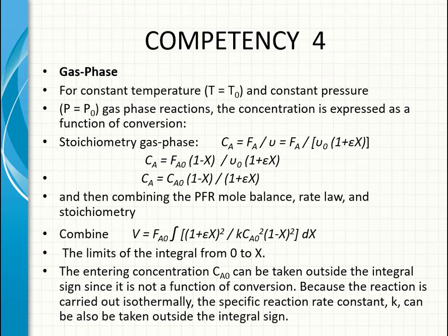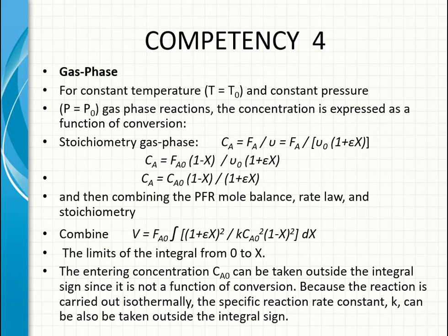CA equals FA divided by the volumetric flow rate, but the volumetric flow rate is v0 times 1 plus epsilon X, so the concentration of A is going to be FA0 times 1 minus X divided by v0 times 1 plus epsilon X, but FA0 divided by v0 is CA0, so we will have CA0 times 1 minus X divided by 1 plus epsilon X.